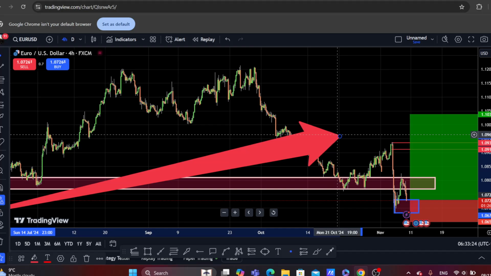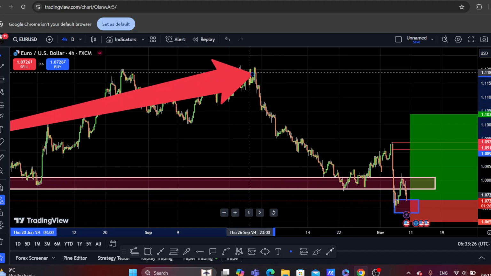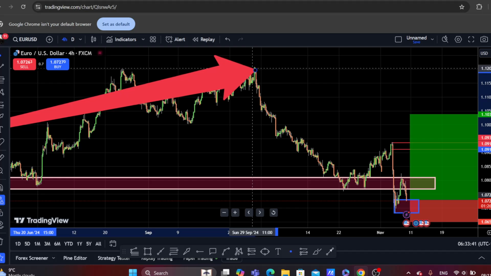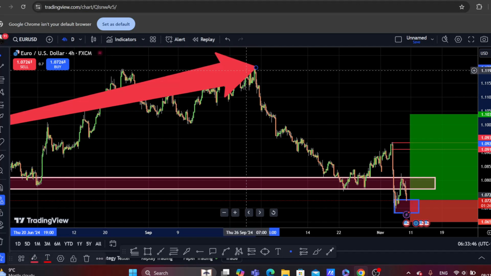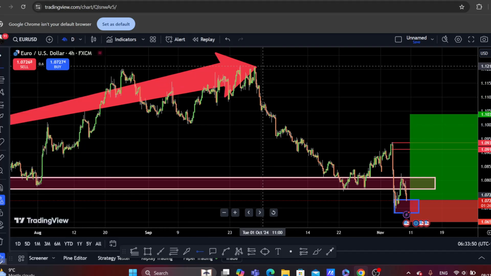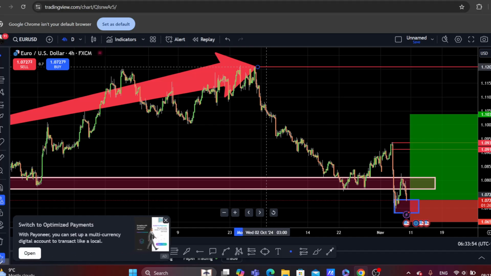So I think Euro USD before the end of the year would get to the 1.120 mark. Okay, so I believe the market before the end of the year, the Euro USD possibly could get to this high, yeah, before the end of the year.